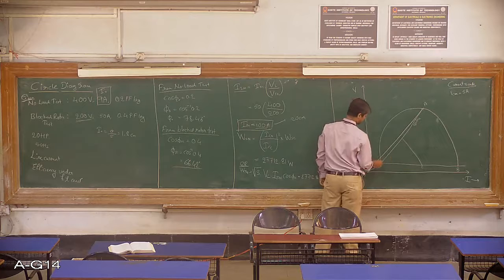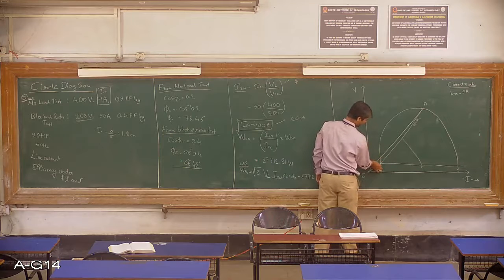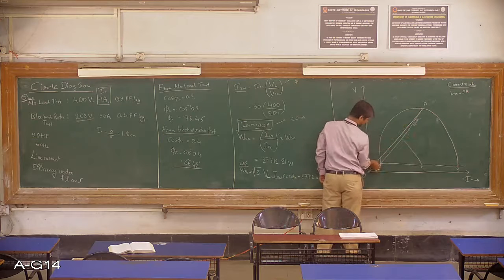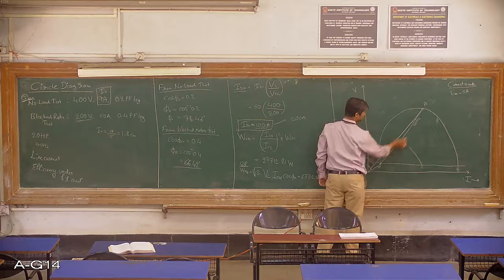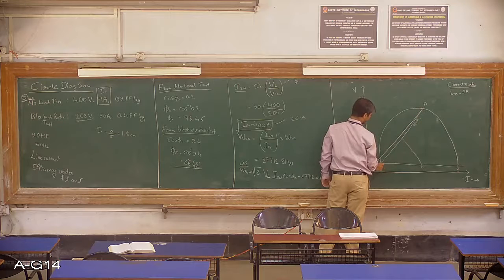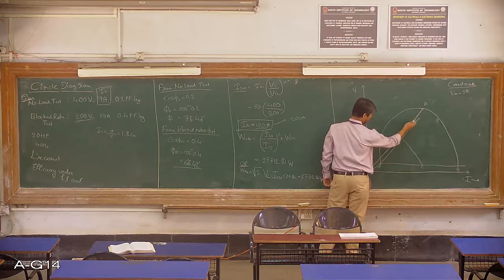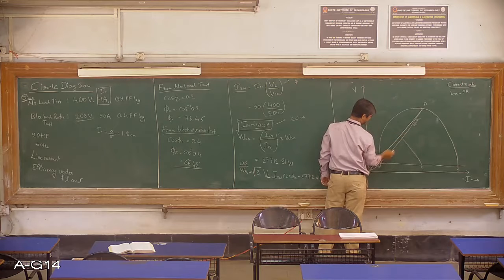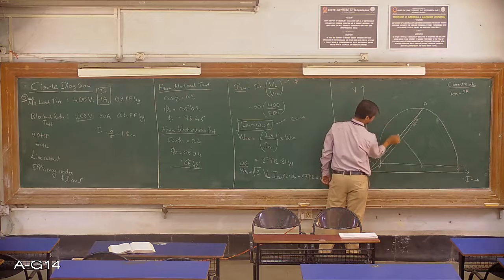Now join this O dash A. From the point O dash, join it till it reaches A. Now draw a bisector to this output line. This is a bisecting line.